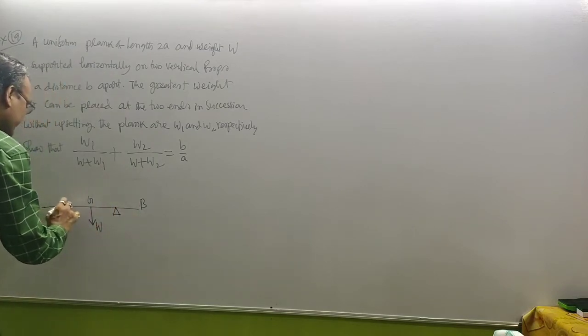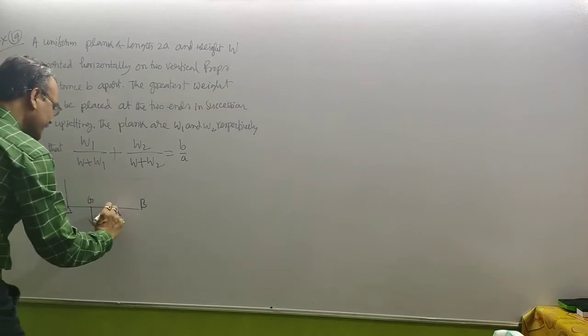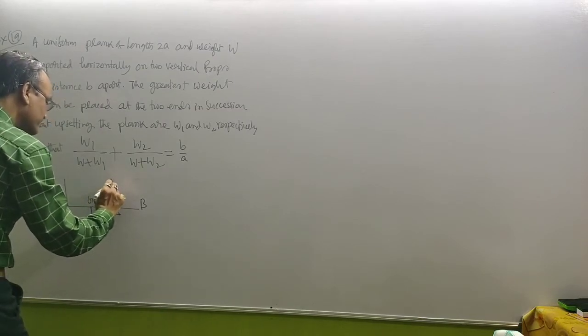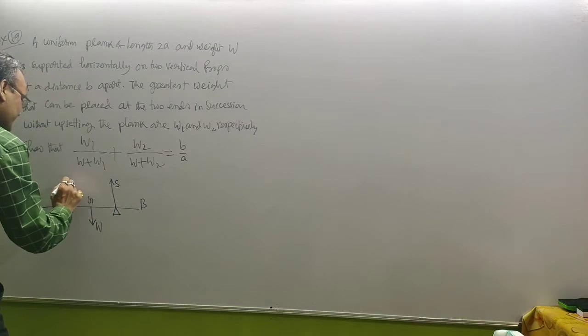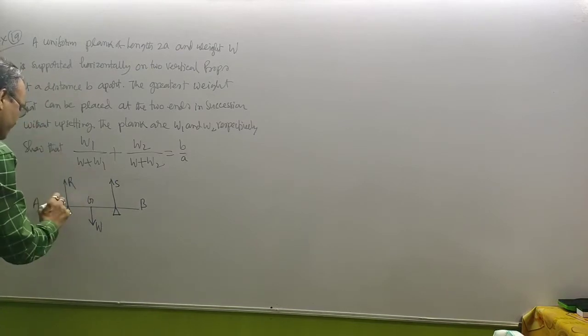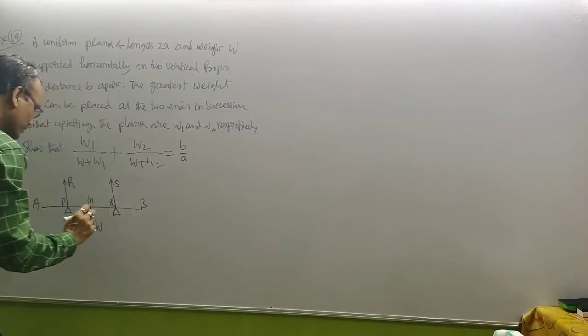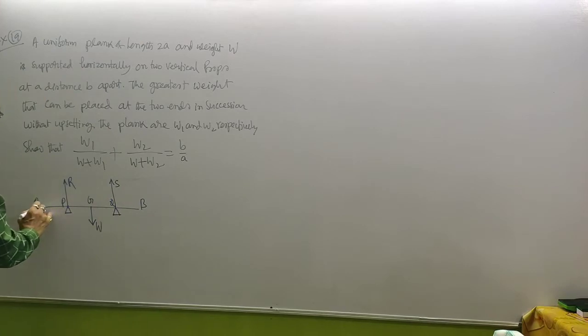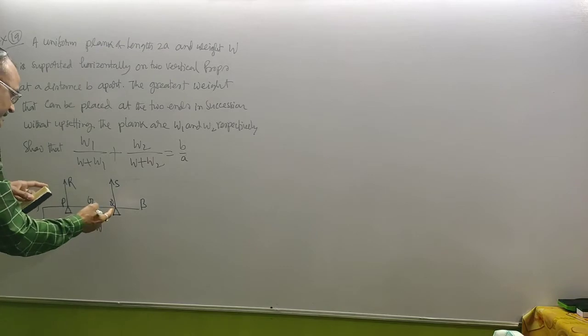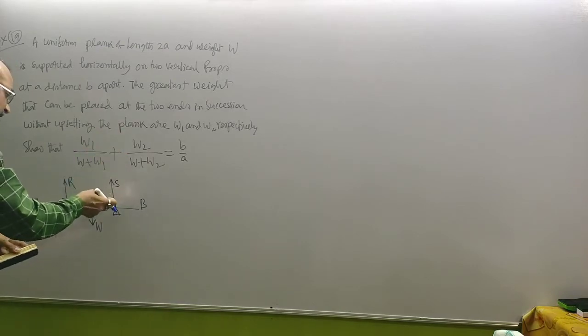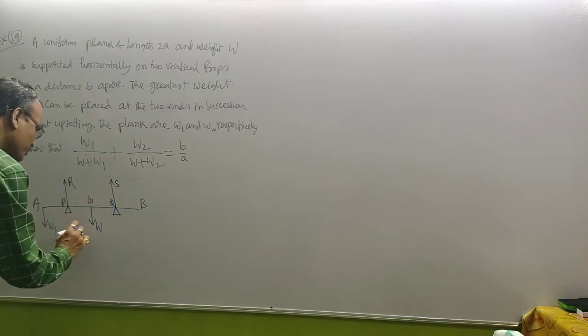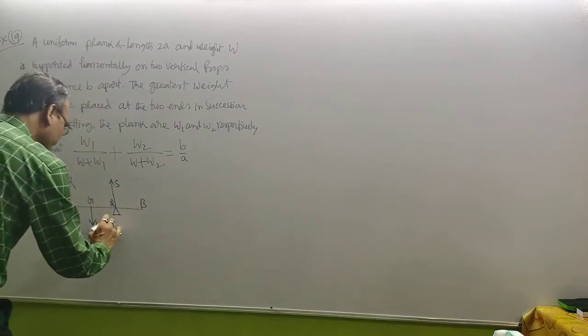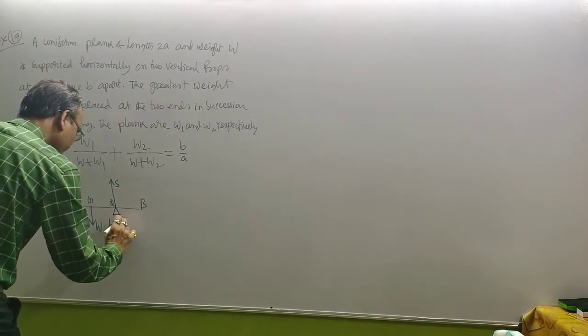Two props are there, R and S are the normal directions at P and Q. Now W1 is placed here, then it is about to be upset about the point Q. This is figure 1.